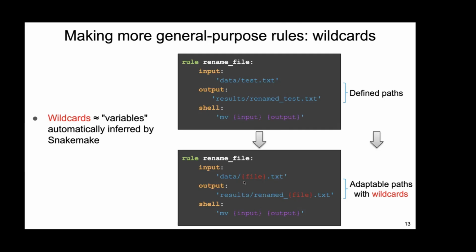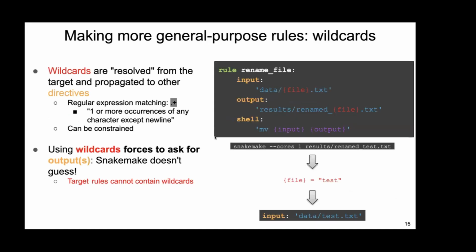Once again, we use the curly brackets and we put a wildcard here. Now, what is this going to do? Well, it allows you to build a flexible path in the different input, output, etc. directives that are going to be built based on what you ask Snakemake to output for you.